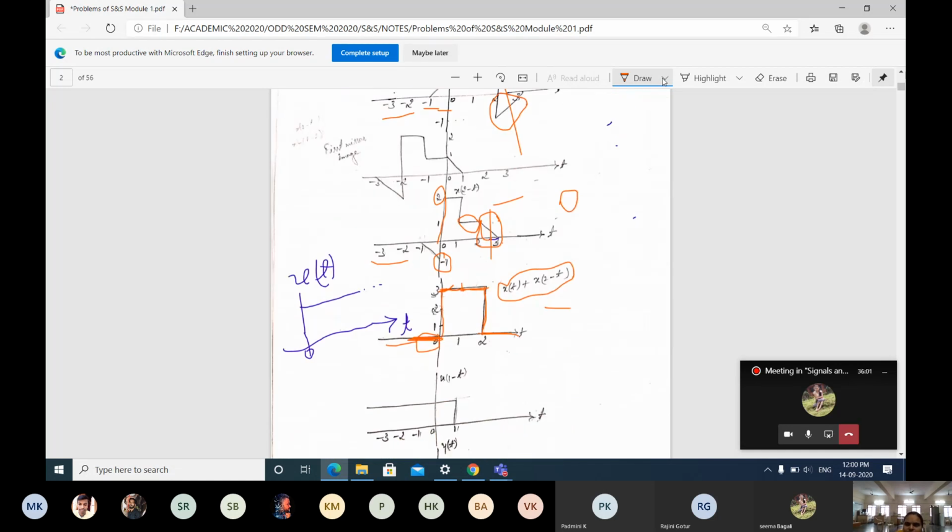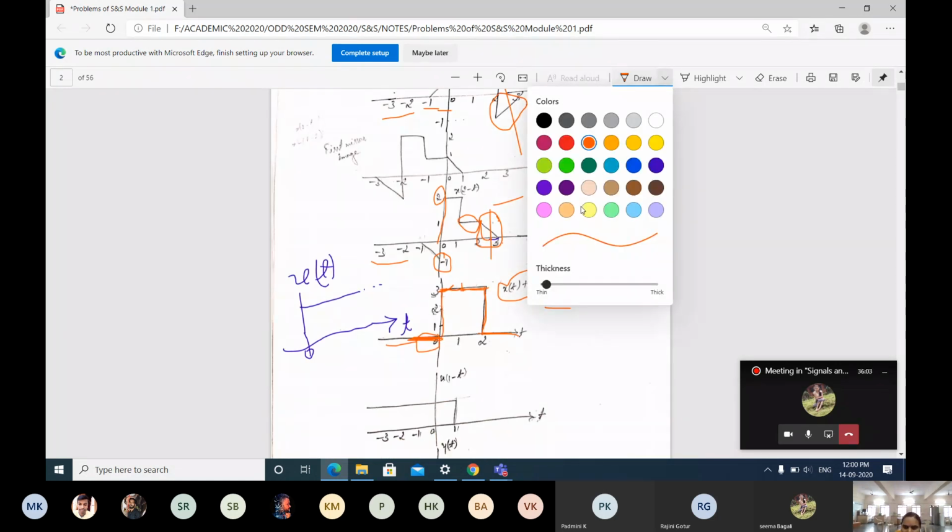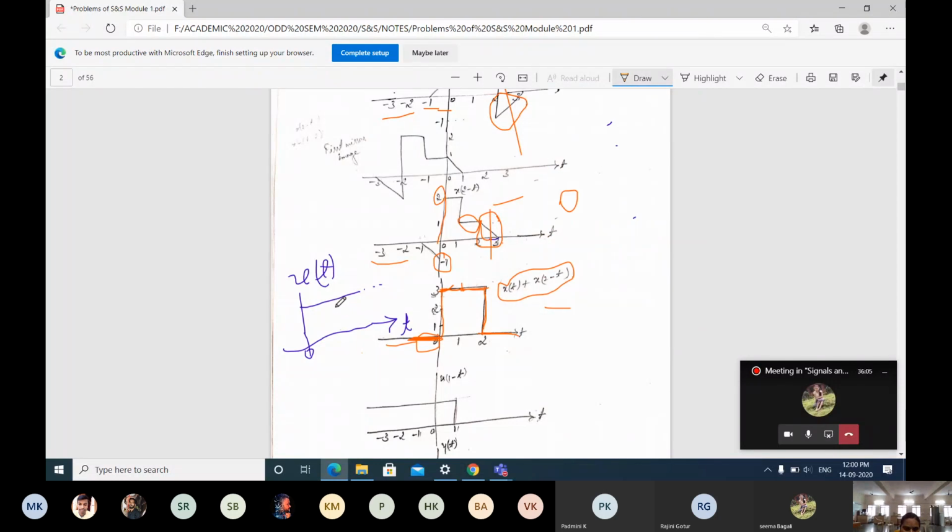For that reason, I already drawn this u of t signal. What we actually want is u of 1 minus t, right? This is how we will be getting it. First go for the reflection of this, same thing what we did here.